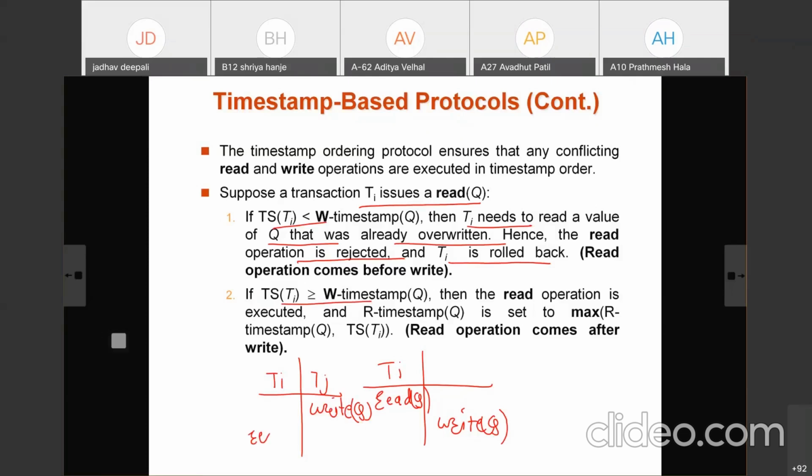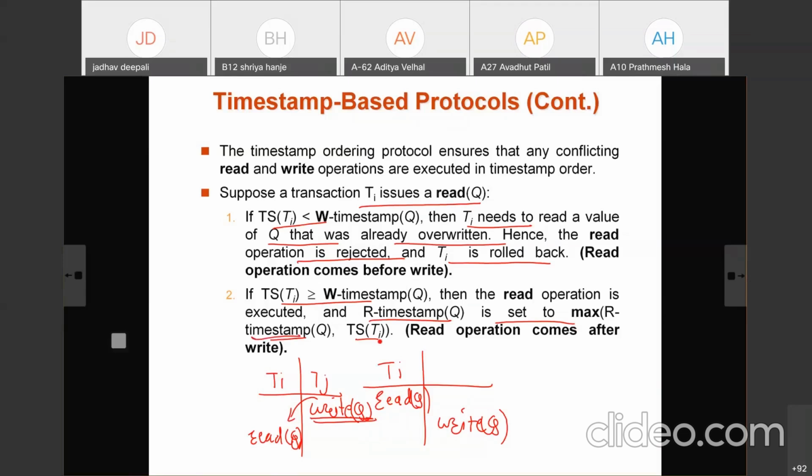Otherwise, if TS(Ti) is greater than or equal to W-timestamp(Q), then the read operation is executed. It means read comes after write.